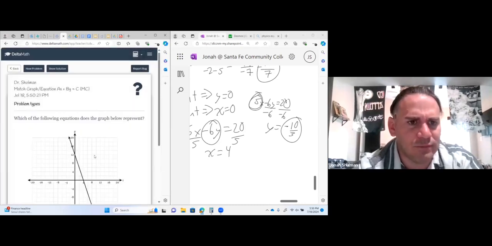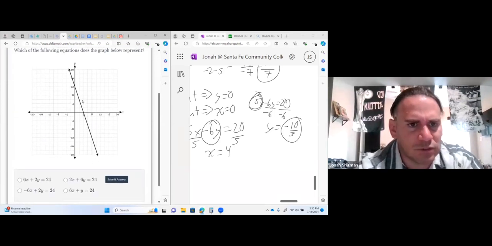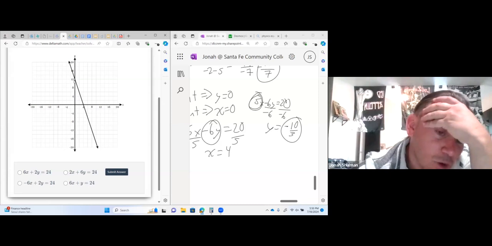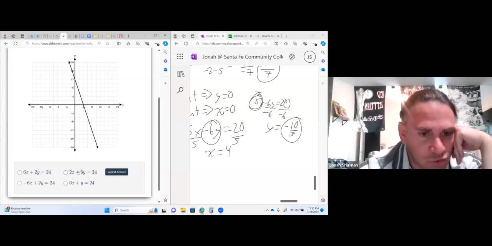All right, let's do a matchy match. Which one makes this true? I'm assuming they want us to use the intercepts, which is fine. All right, so our y-intercept is 12, right? When x is 0, we should get a 12 for y.